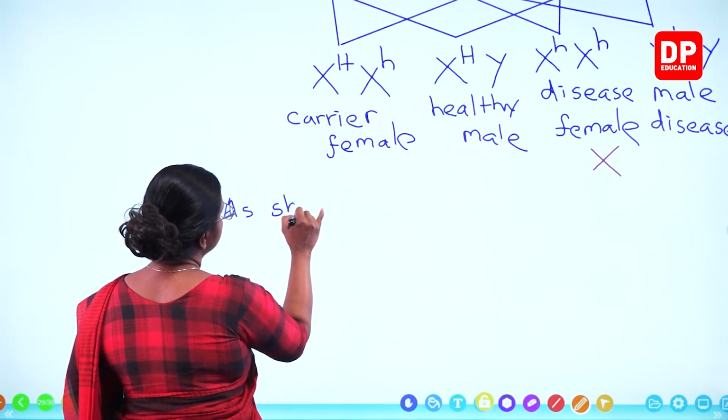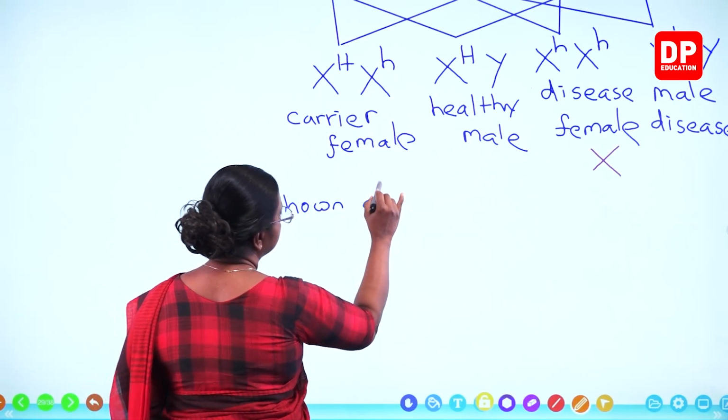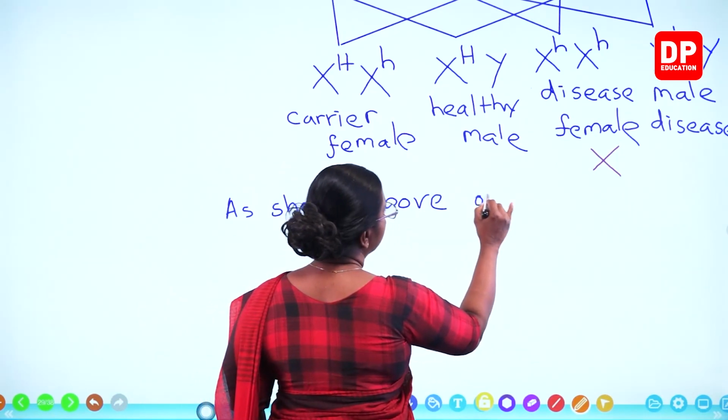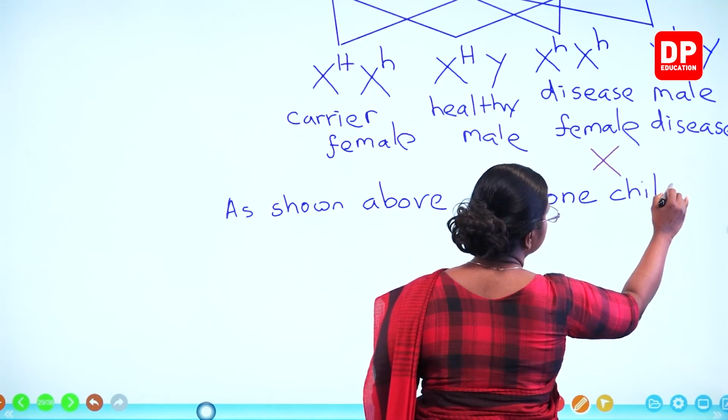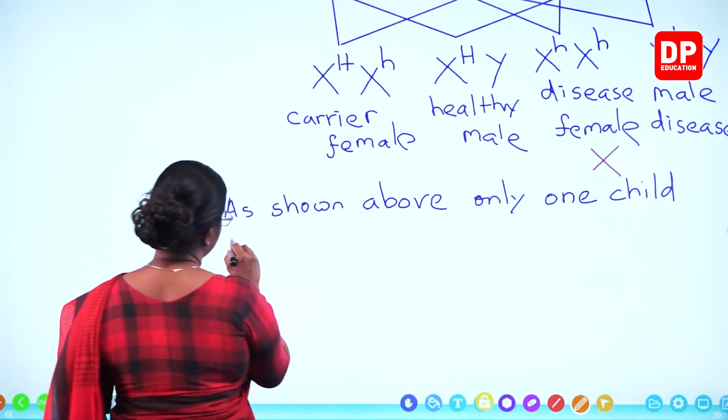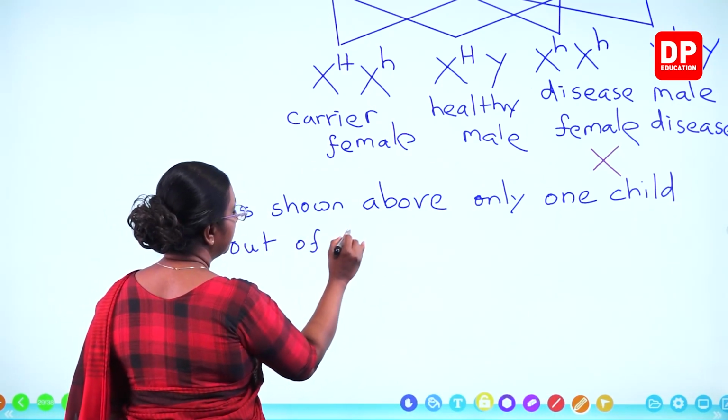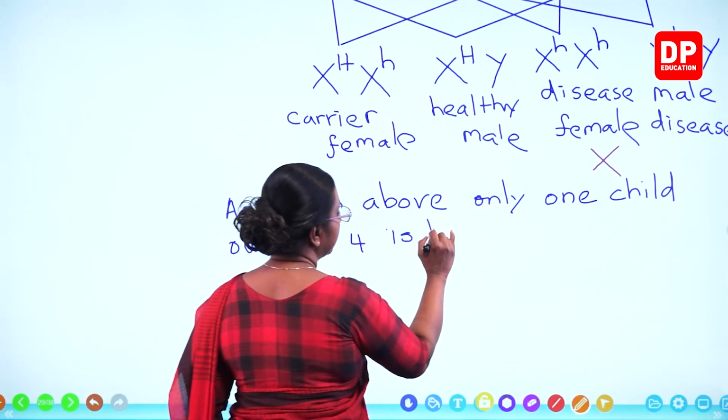As shown above, only one child out of 4 is healthy.